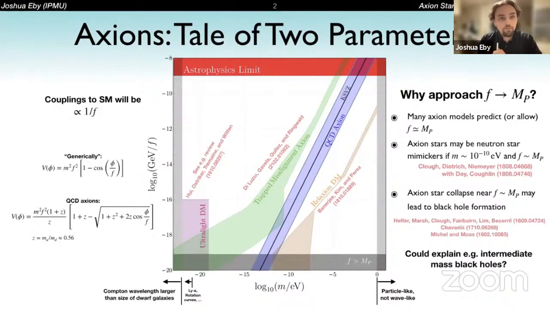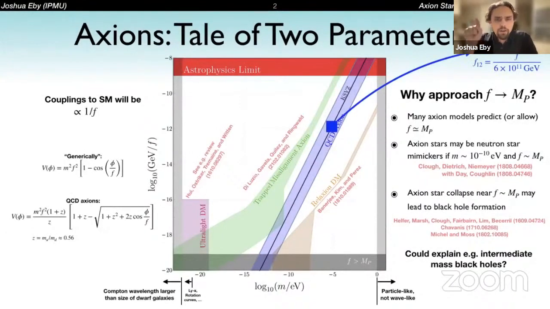Generically, axion stars do not form black holes, so it's interesting that Planck scale ones maybe can. If they do, this could explain, for example, intermediate mass black holes that are hard to explain with standard black hole formation mechanisms. These are just a few motivations for us.